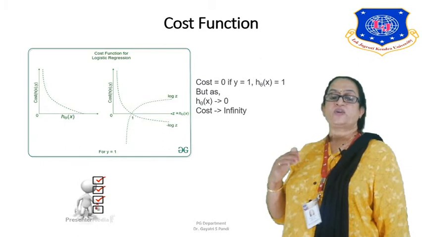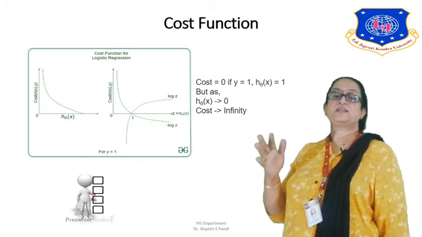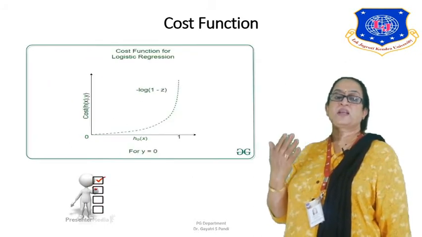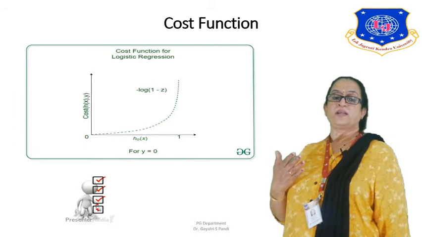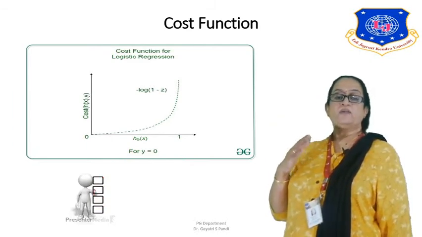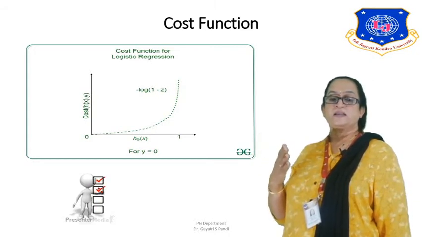If your h of x is tending to 0, that means the cost is tending to infinity. This is the case when y is equal to 1. Now if y is equal to 0, this is the case considered. Here you can see it is minus log of 1 minus h of x, where your y is equal to 0 and your h of x is tending.